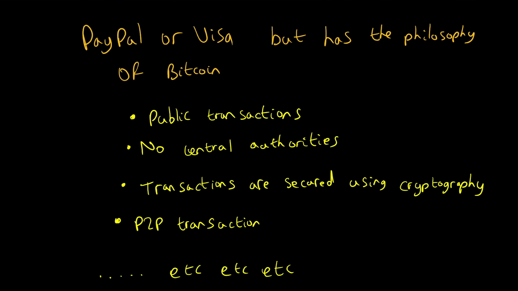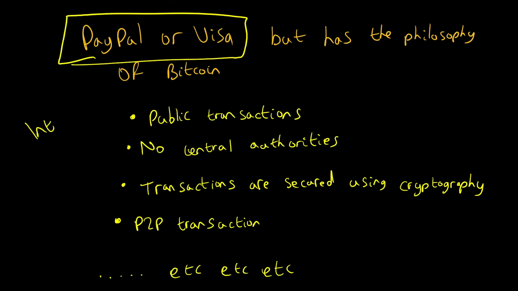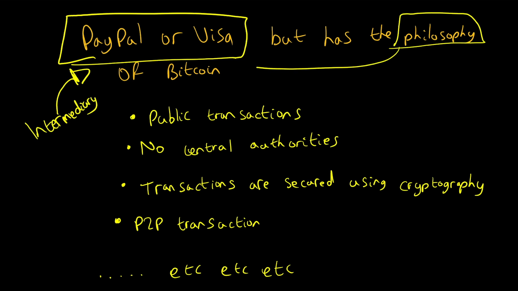So it's like PayPal or Visa in that it acts as an intermediary, but it has the core philosophy of Bitcoin. So this has just been a lesson on what Ripple is.